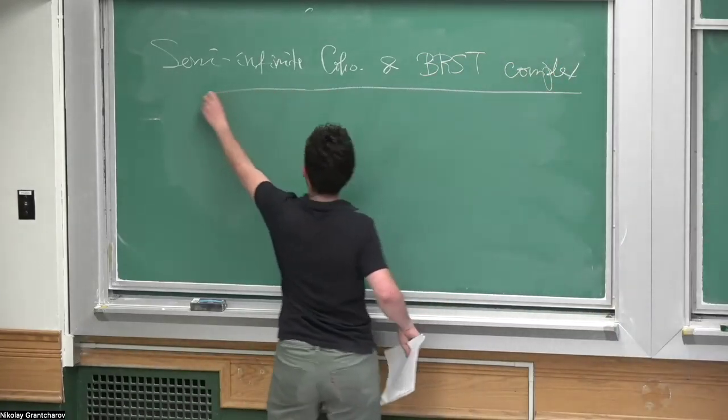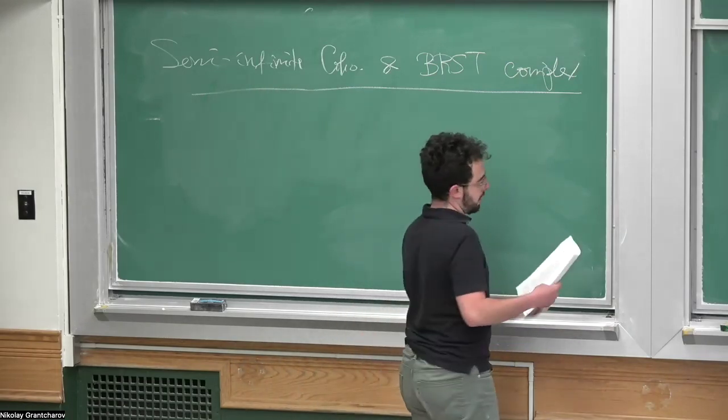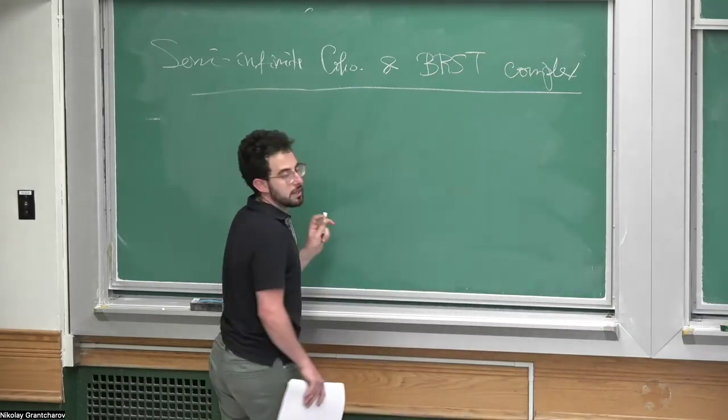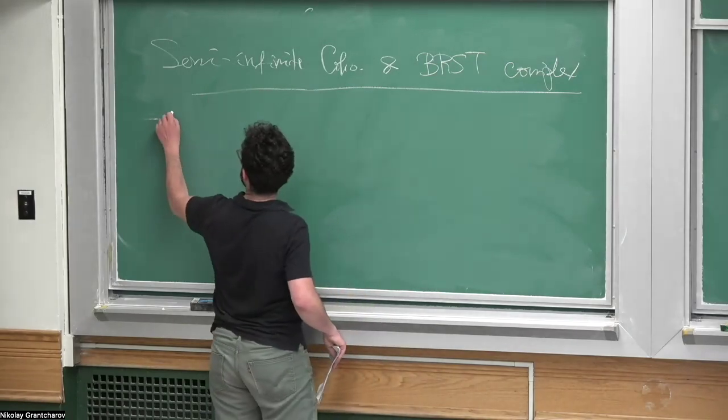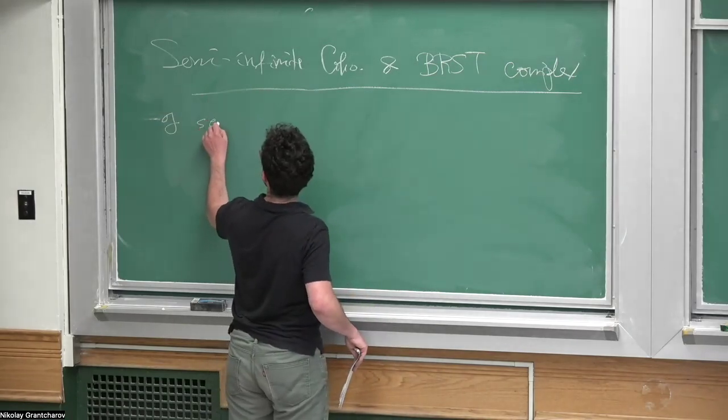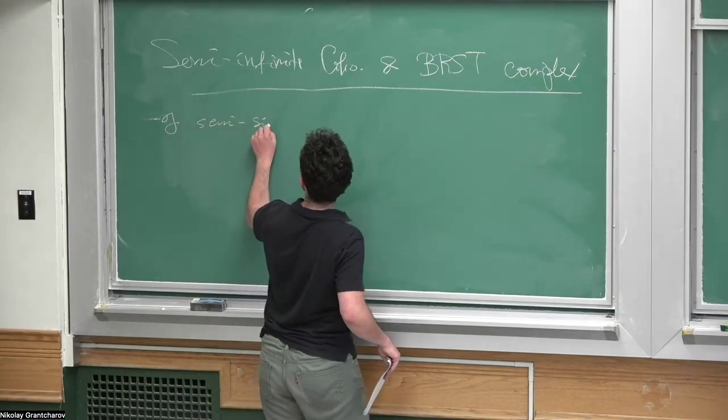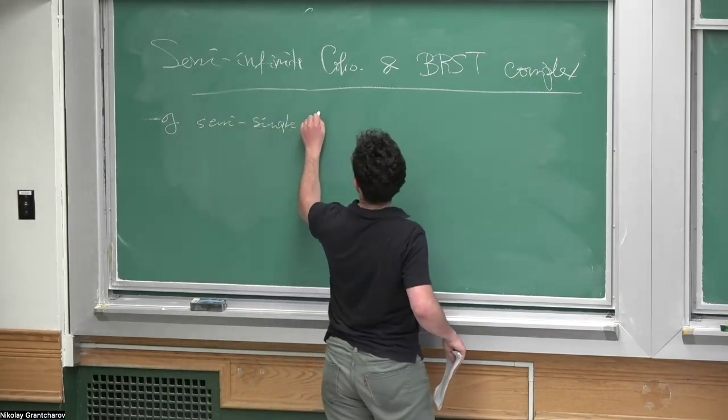Okay, so I will start with a reminder about what we did about finite W-algebras. G is a semi-simple algebra.